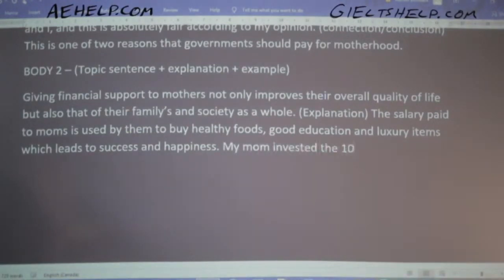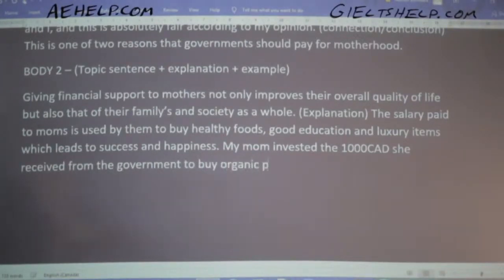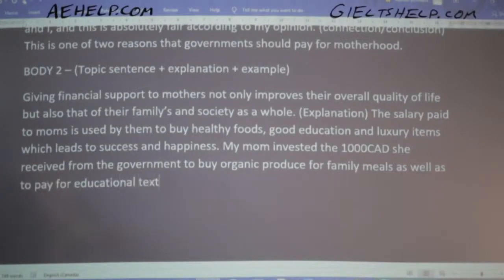My mom invested the 1,000 Canadian dollars she received from the government to buy organic produce for family meals, as well as to pay for educational textbooks and videos.